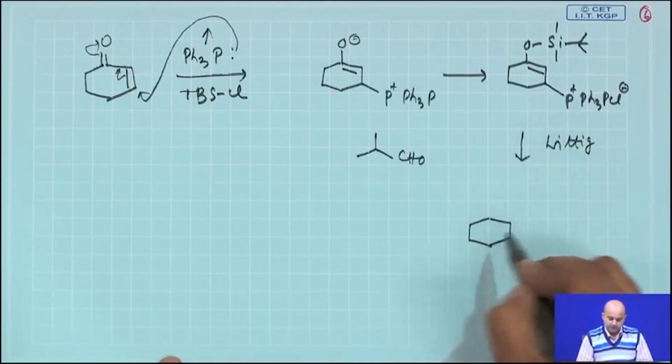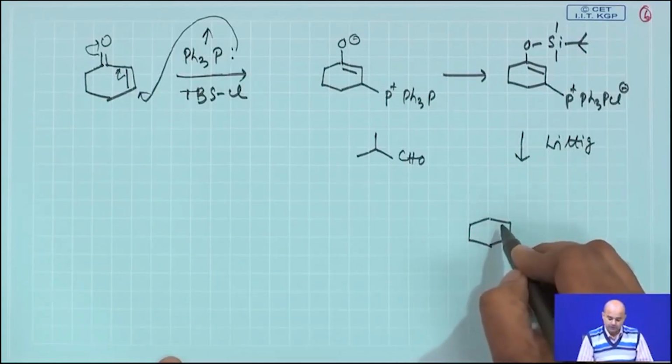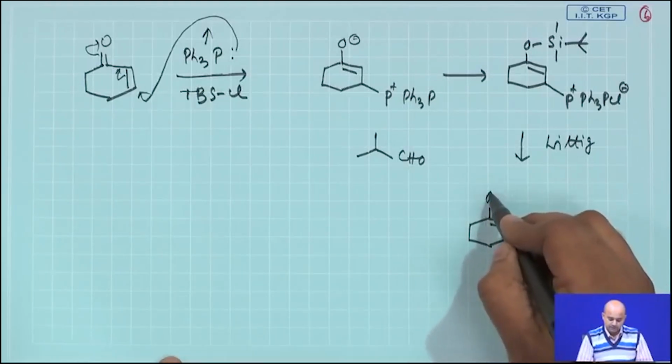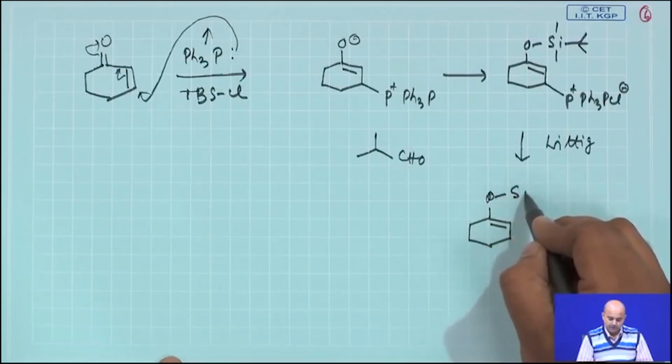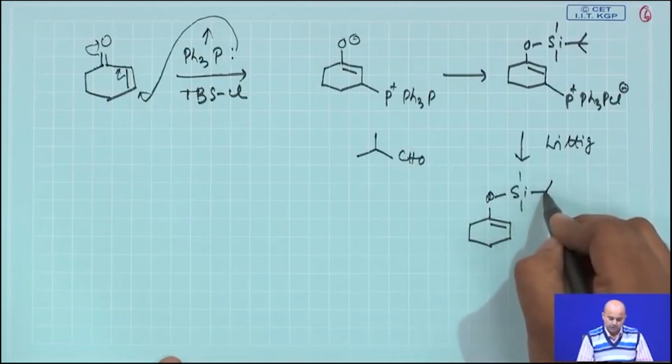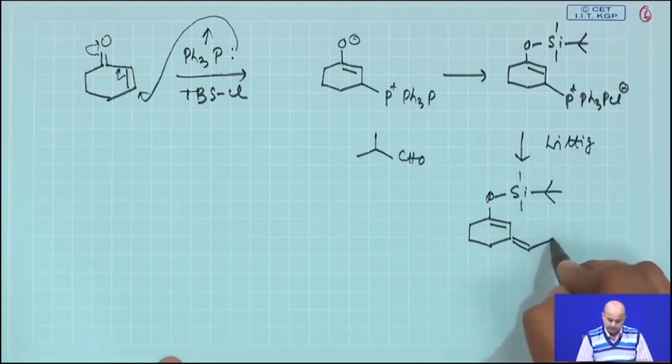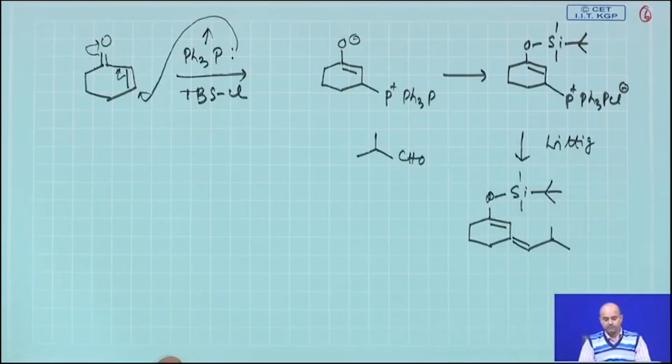Now, this is not a usual transformation, it is kind of an unusual thing, but still it gives you a very nice approach. So, now we are basically making this compound.